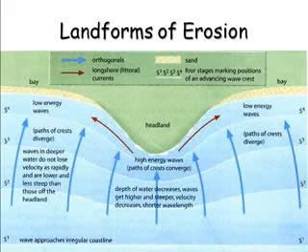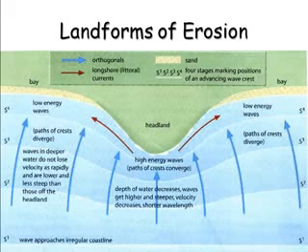The result of that is much higher energy concentrated across a smaller area, whereas in the bays either side of the headland, the paths of the crests actually diverge. You end up with much lower energy waves by the time they reach the back of the bay. The result of that is obviously less erosion.